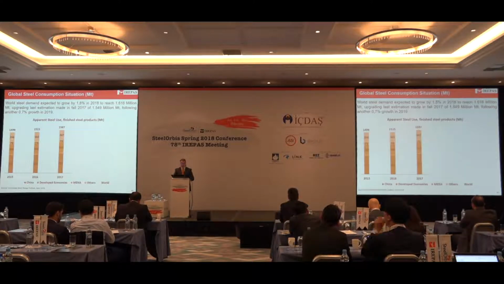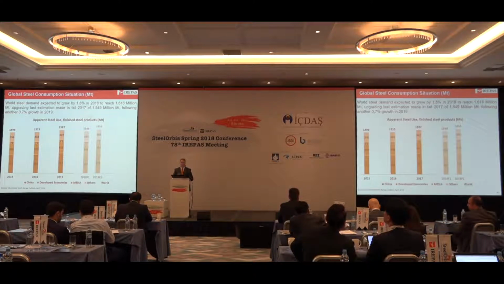So for this year, World Steel has forecasted the next two columns. The first one is the forecast made last fall that amounted to 1,500 million tons, but World Steel has upgraded this April the figure up to 1,616 million tons. The main reason is the difference in the forecast for China.